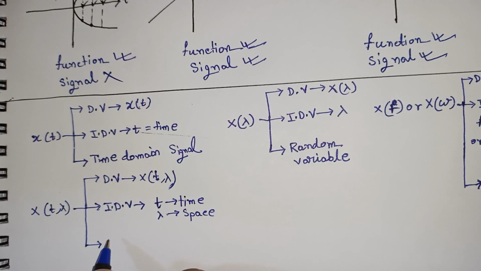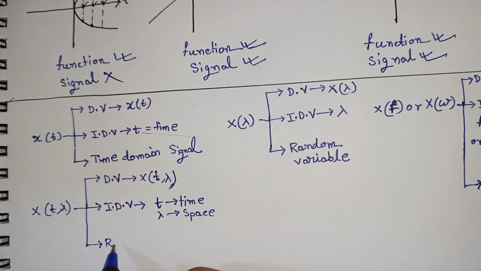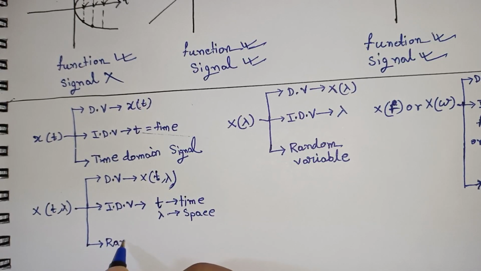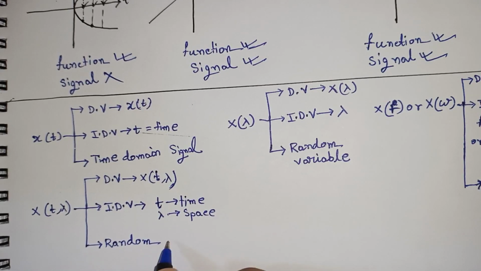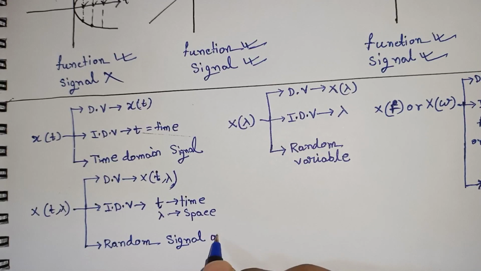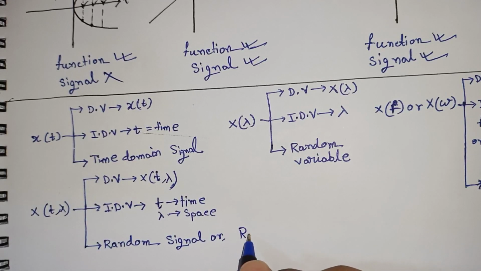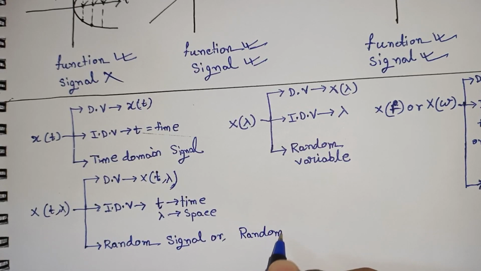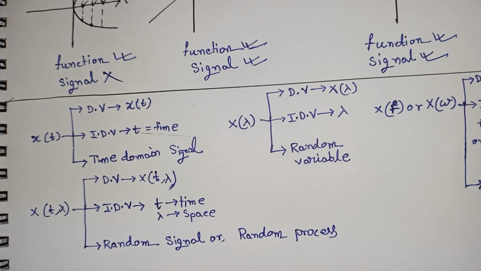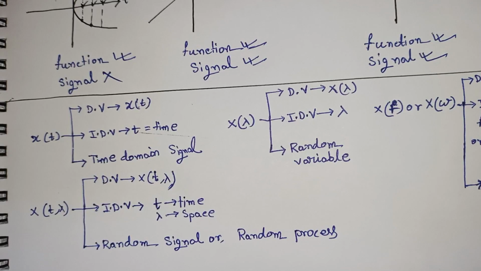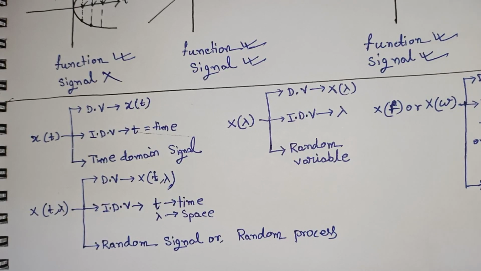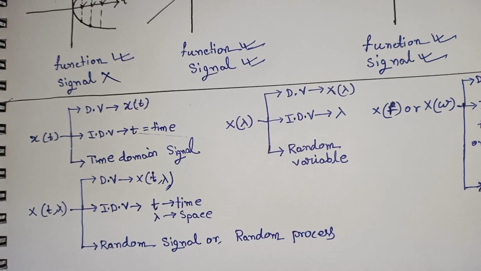So, what type of signal is this? It is random signal or random process. So we have seen four types of signals here.